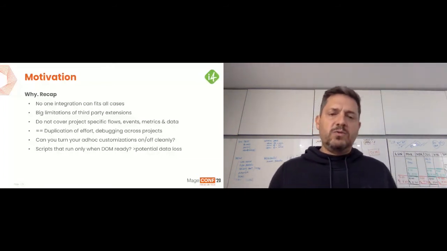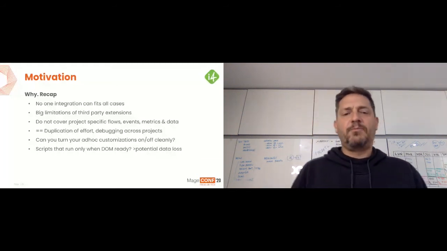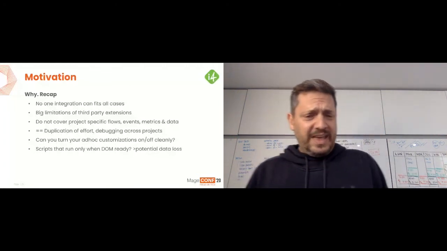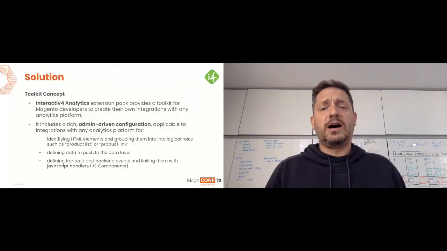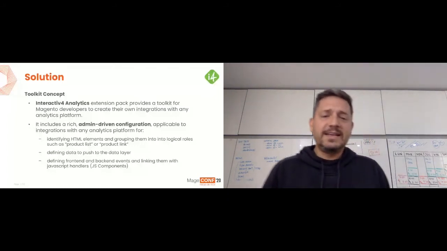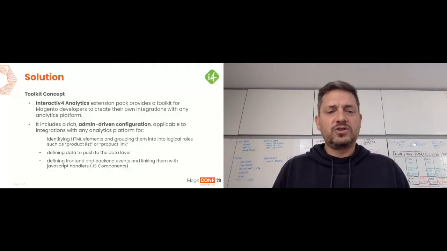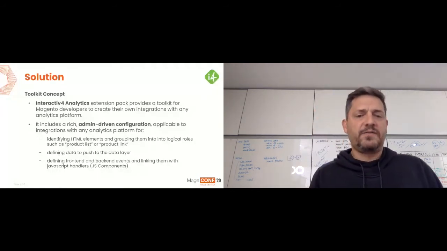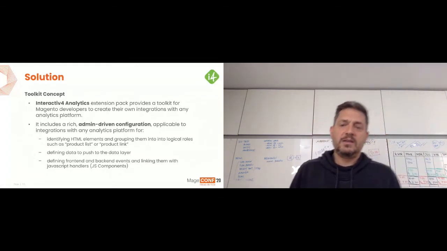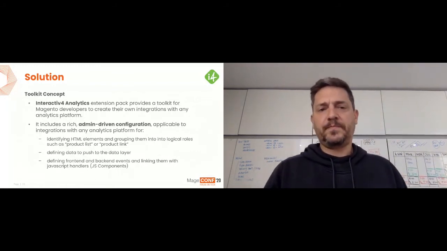We will see an example later on, like a product list or the product link or a price, or any single thing that you want to point as a label in the HTML elements. We can also define data that is going to be pushed over those roles to the data layer, and we also define front-end and back-end events, and we trigger them and link them using JavaScript handlers and these components.